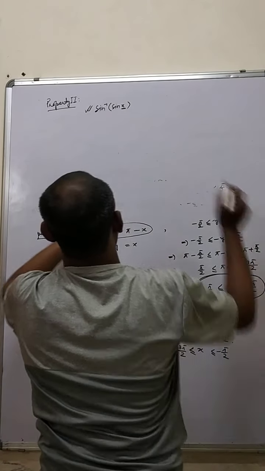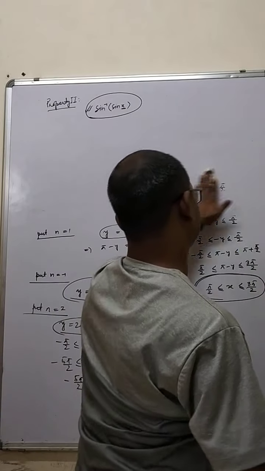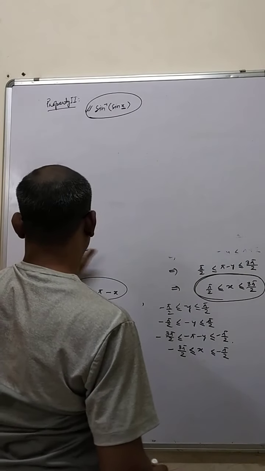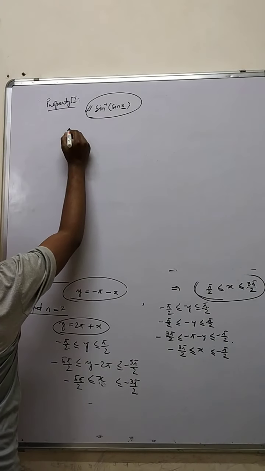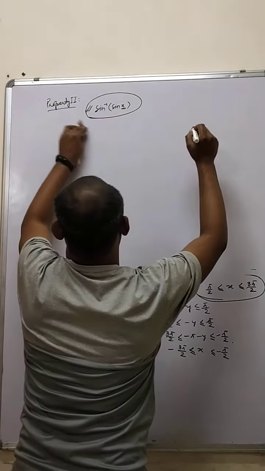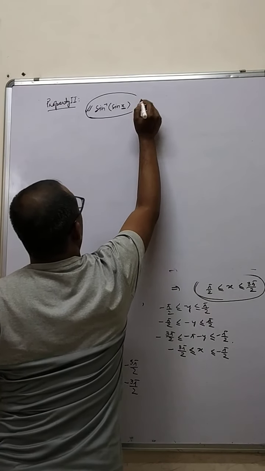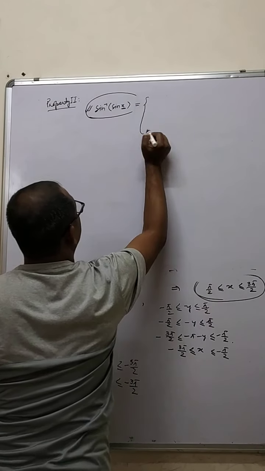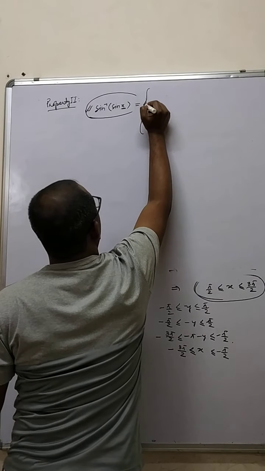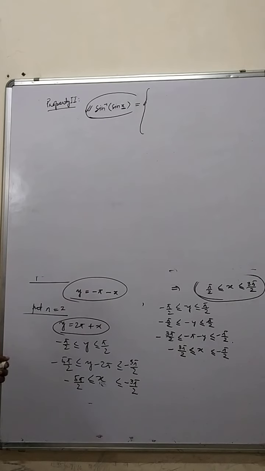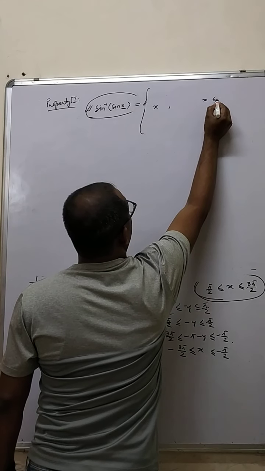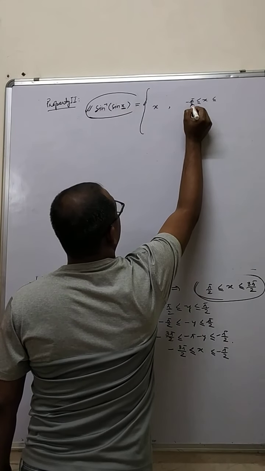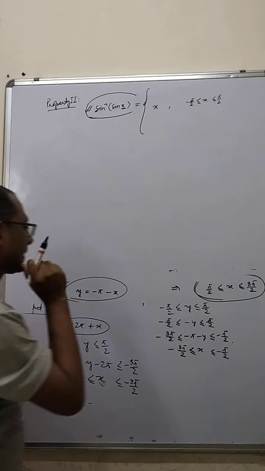We are basically looking for the graph of this in different intervals. So ultimately we are getting sine inverse of sine x will be equal to x, if x is lying between minus pi by 2 to pi by 2, that is what first we have got.